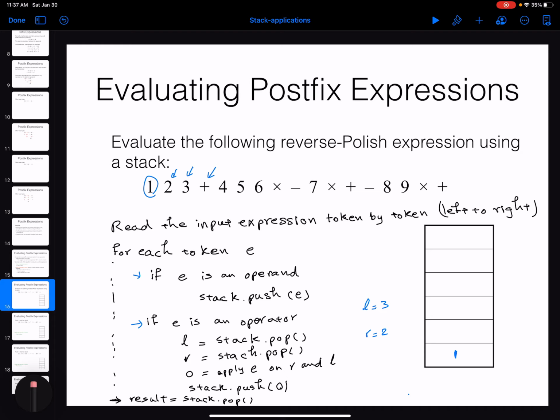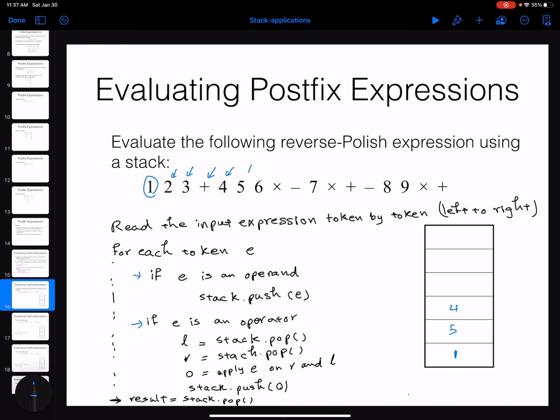So you apply the operator over R and L. So the result O is going to be R plus L, which is going to be 5. And then you push 5 to the stack. So 5 is going to be in the stack. Okay, so I will continue reading the next token. This is going to be an operand. 4 is an operand. You push it to the stack.